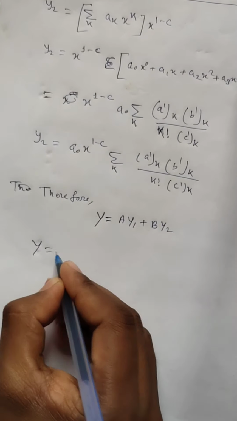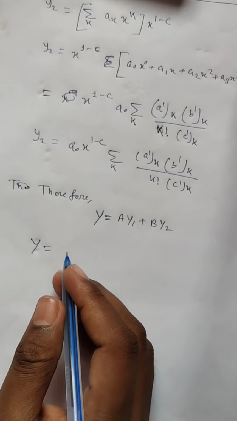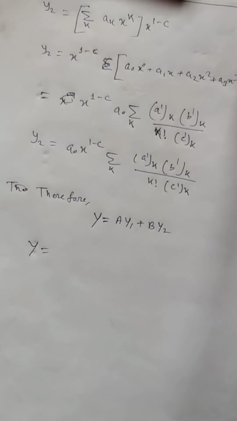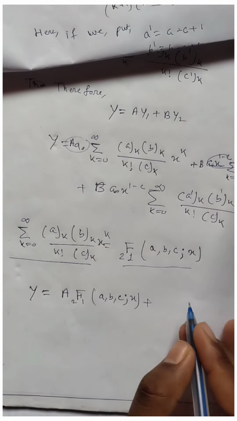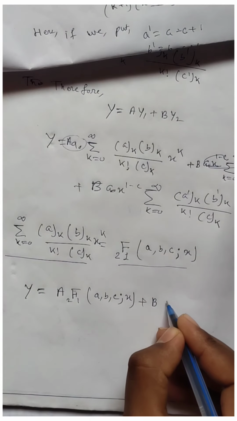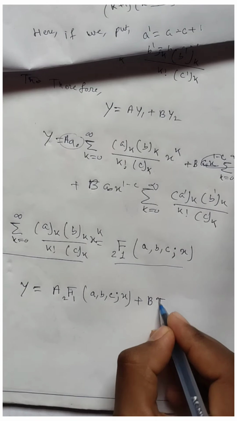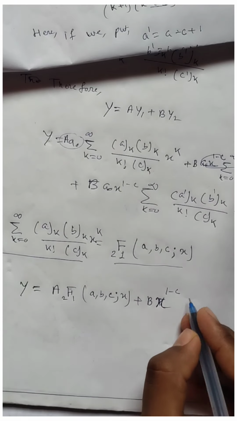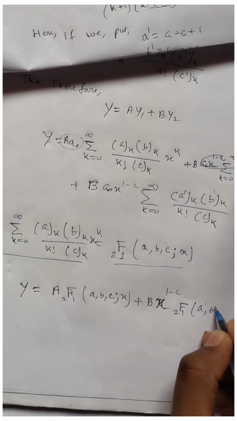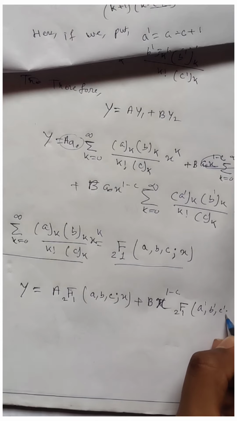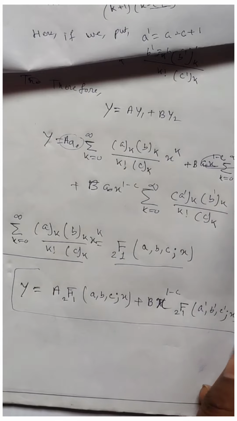So y is equal to a times y1, meaning the first series in x, plus b into a naught means b, and x to the power 1 minus c F of 2 1, a prime, b prime, c prime, x. So this is the solution of the hypergeometric differential equation.